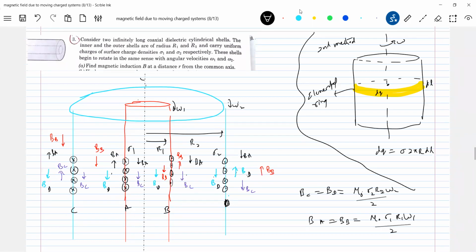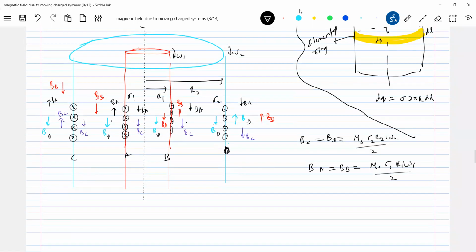Now, what about the field at distance R from the common axis? For R less than R1, R less than R2. So first we'll go for R less than R1. What about the resultant field?